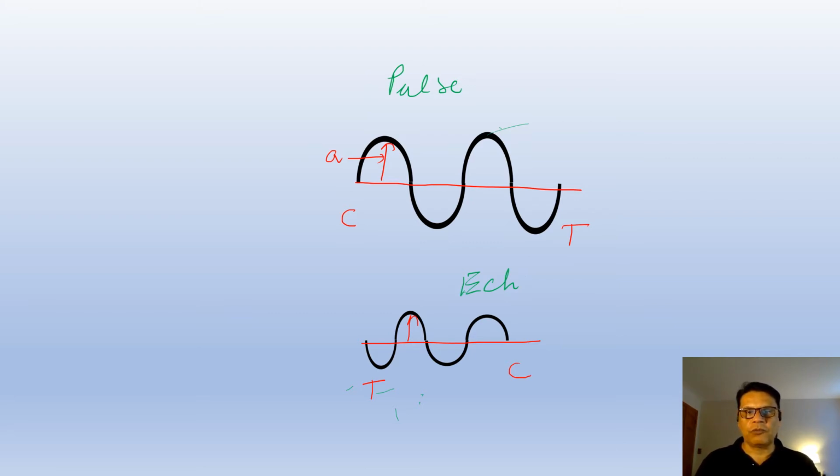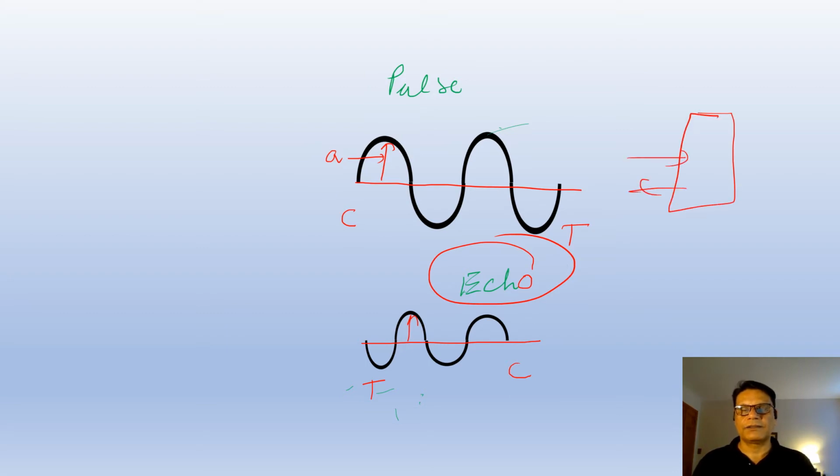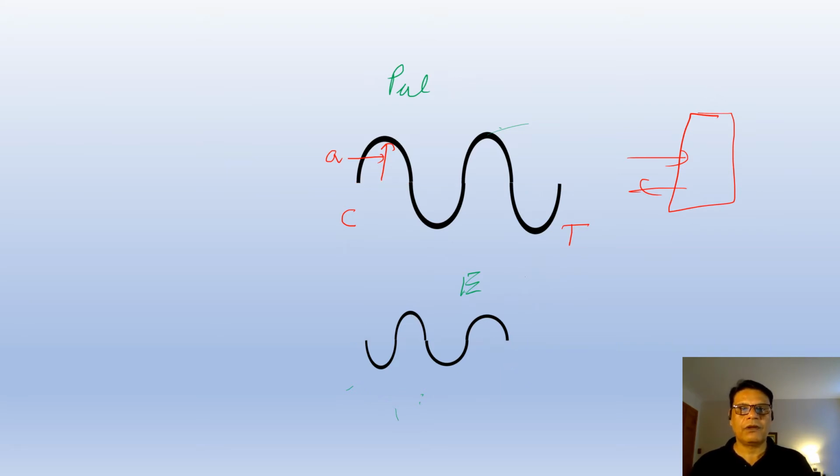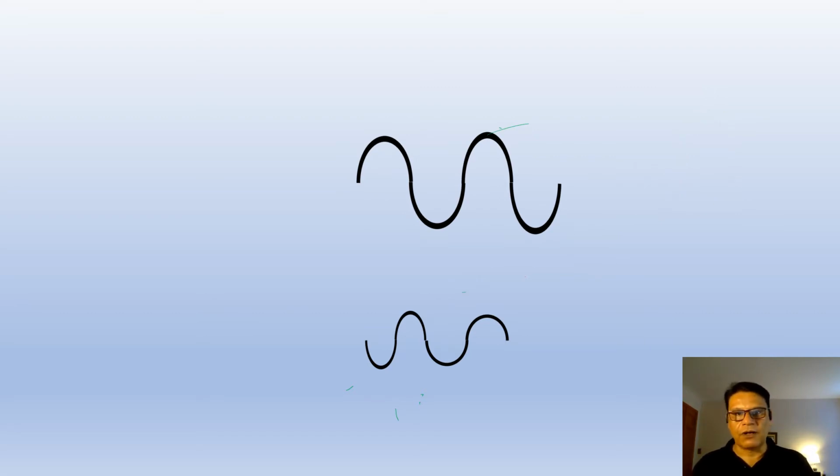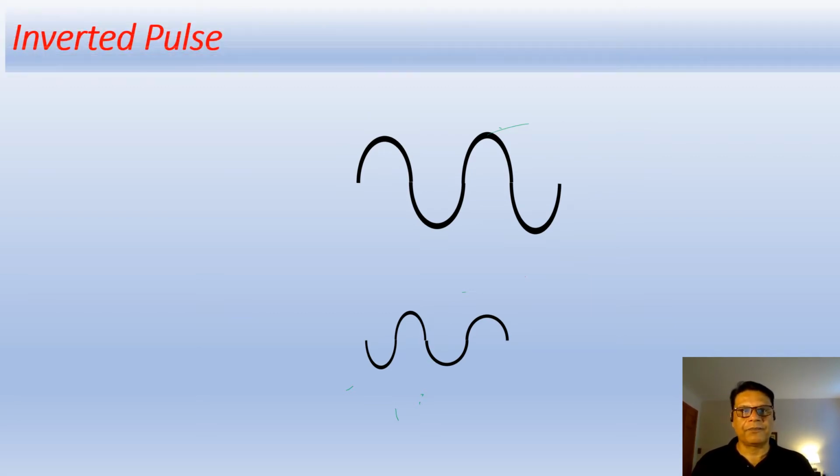So if someone asks you to define echo, echo is actually the inverted pulse, when a pulse gets reflection from internal organs or internal tissue. So after reflection, this pulse becomes a smaller one. Its shape is changed and it is inverted.